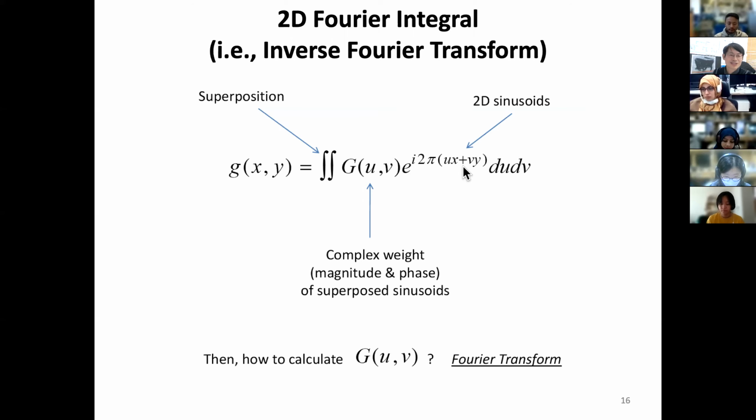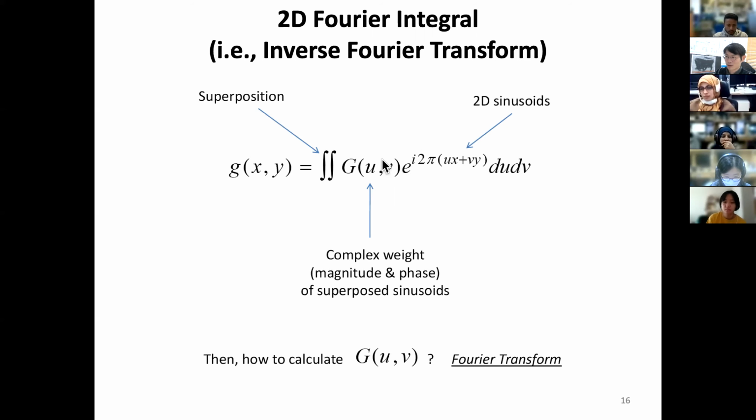And the question now is, how can we calculate this G? Mathematically, this is now an easy question. By knowing small g, you can find this Fourier transform by use of the inverse Fourier transform. And that makes it very easy in terms of formula.